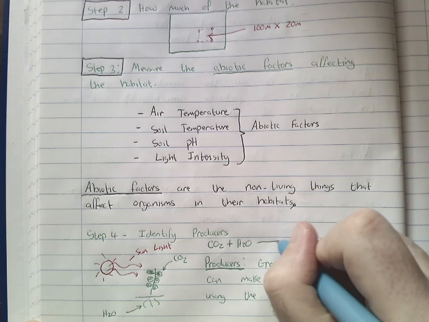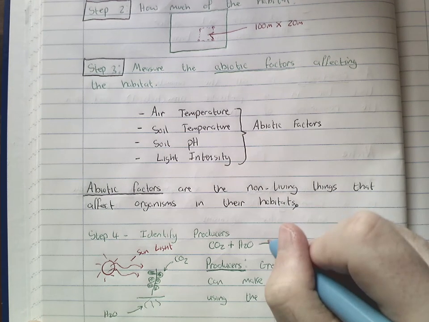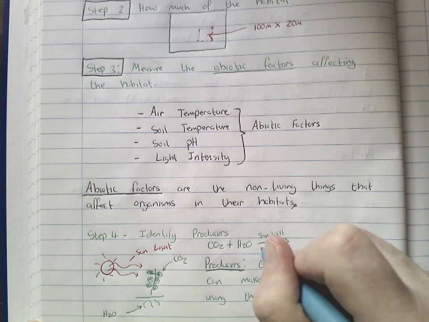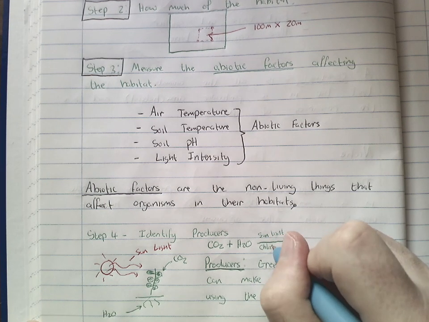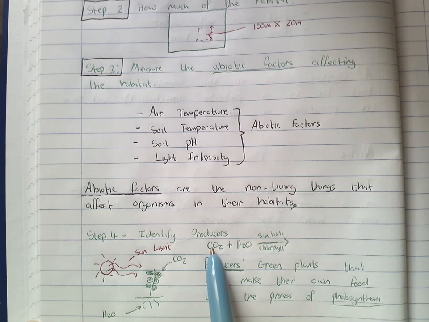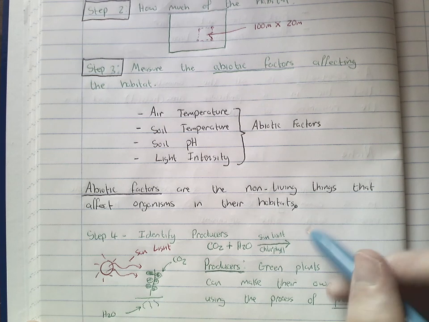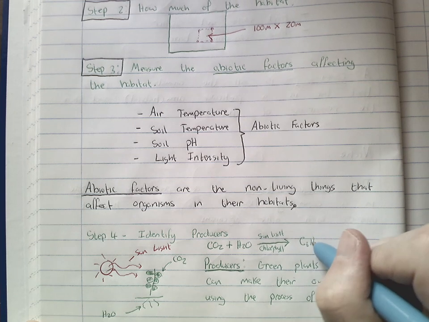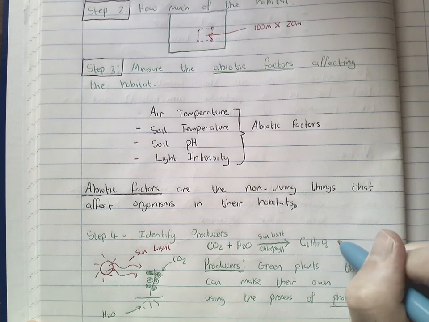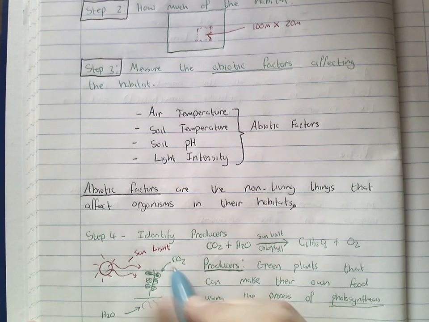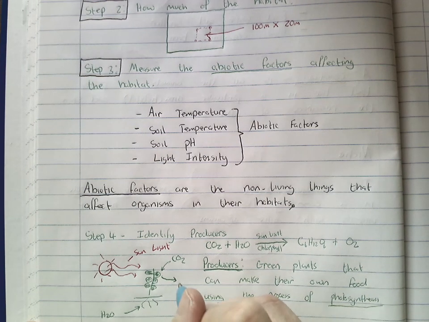And then, using sunlight and chlorophyll, it takes the CO2 and the H2O, and turns it into glucose, C6H12O6, and it produces oxygen. So it takes in CO2 and it gives out oxygen.